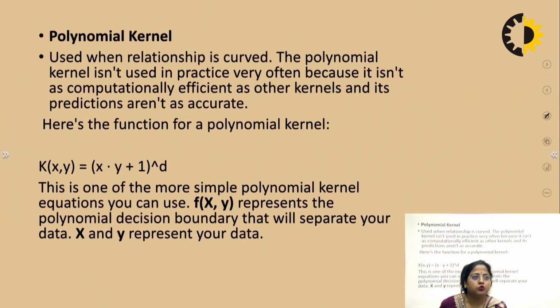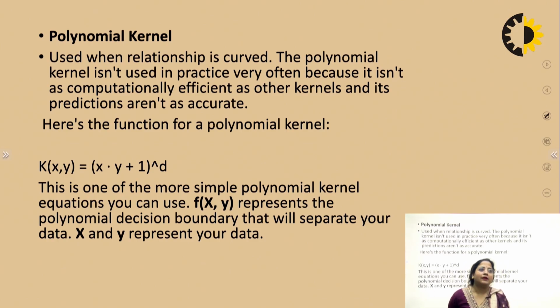Now we come to the next kernel, the polynomial kernel. The polynomial kernel is used when the relationship is a curve, when your data has two or three classes arranged in a circular, polynomial way. For that data we require the polynomial kernel.